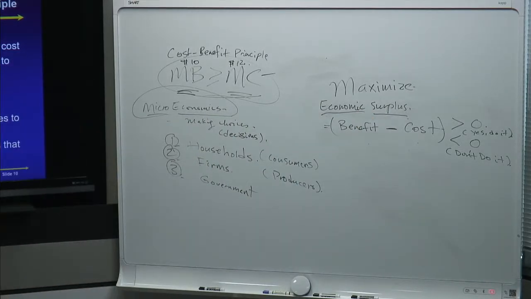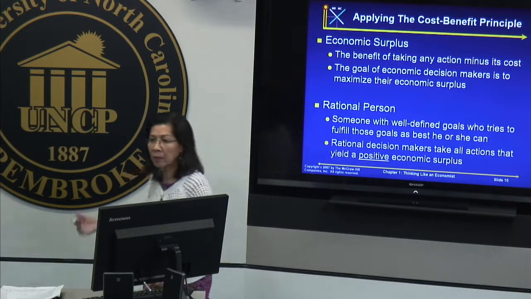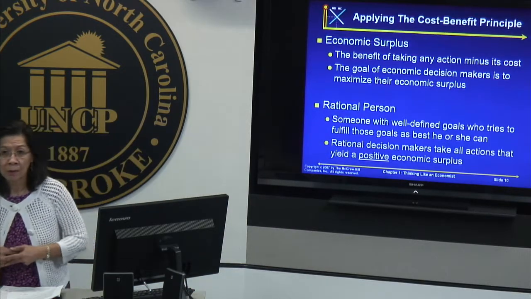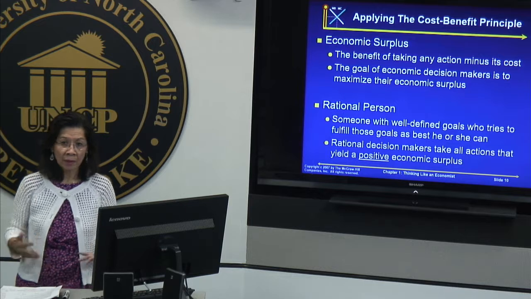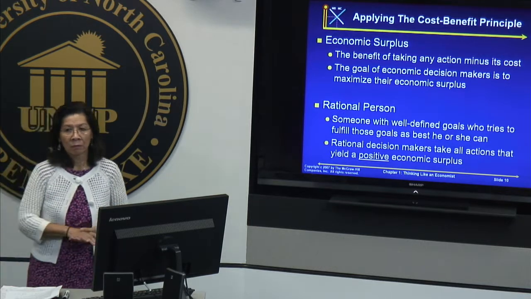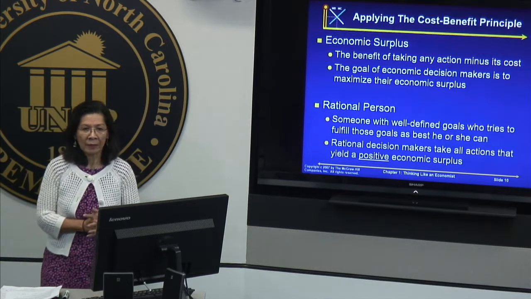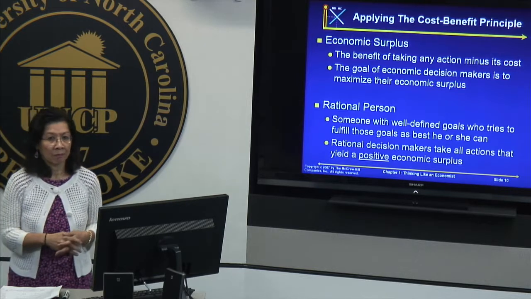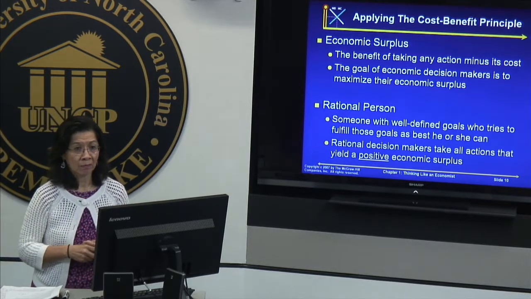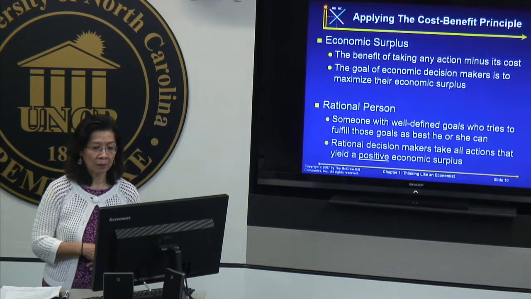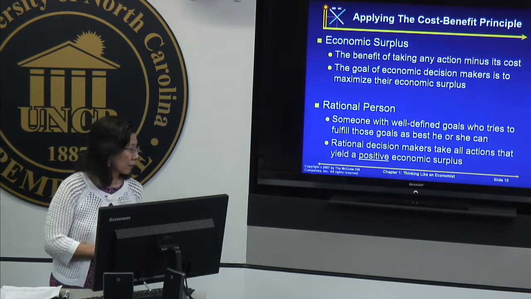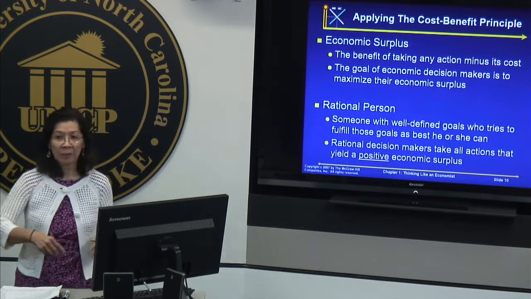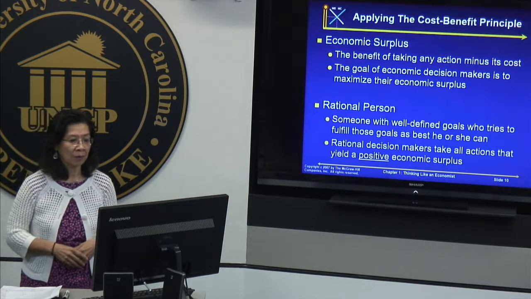If you're a firm, you want to maximize your profit, given the cost. It's not free. If you operate a business, yes, you get revenue, but then there are costs to be subtracted. So don't forget that. And if you're government, you want to maximize your economic surplus as well.